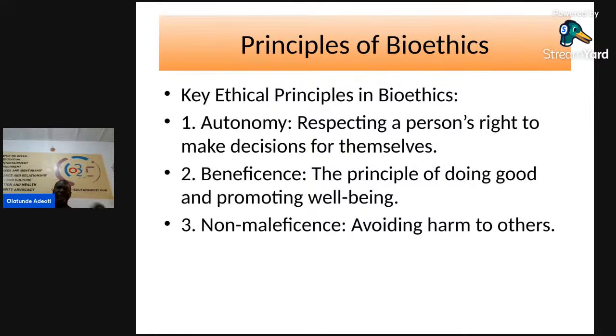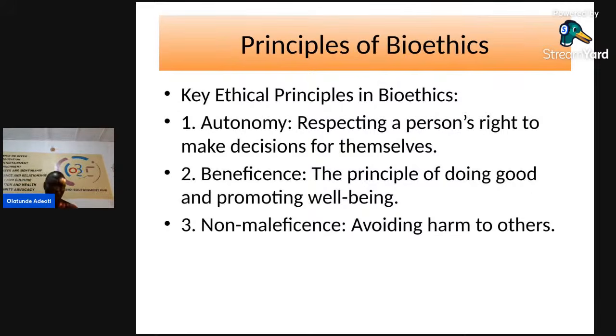Their right to make decisions. No matter how sick somebody could be, even if a patient is at the point of death, you should allow that person to take his own autonomous decision.